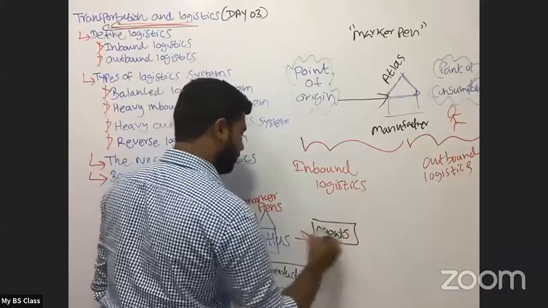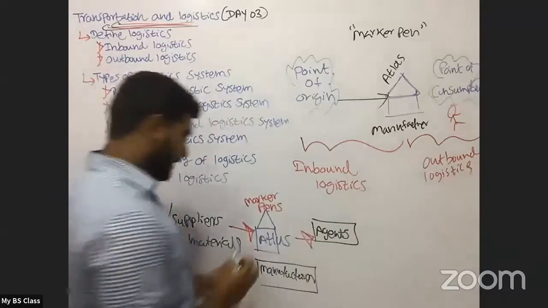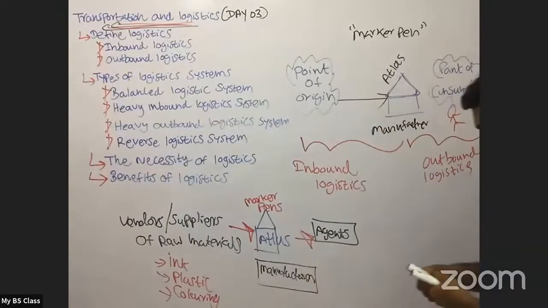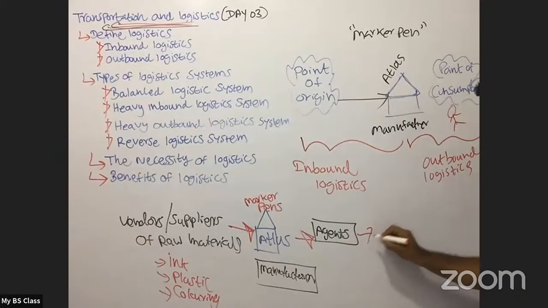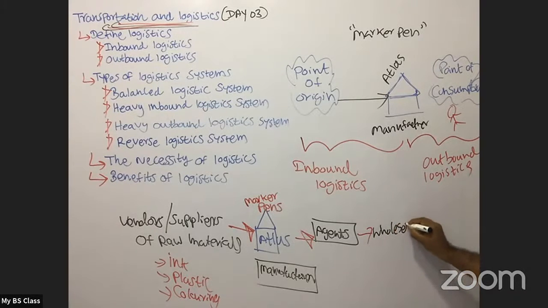There could be agents. From the agent, maybe go to the wholesaler. Or maybe from the wholesaler's point of view to go to the retailer, right?